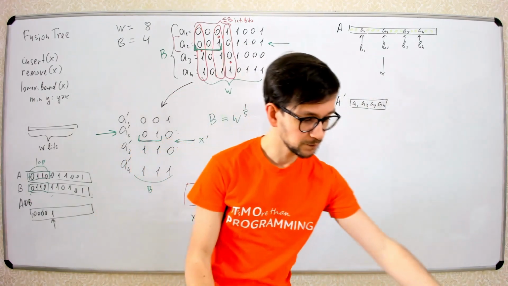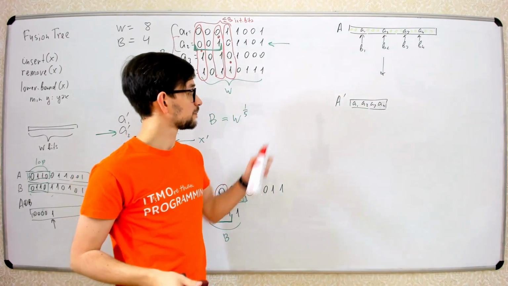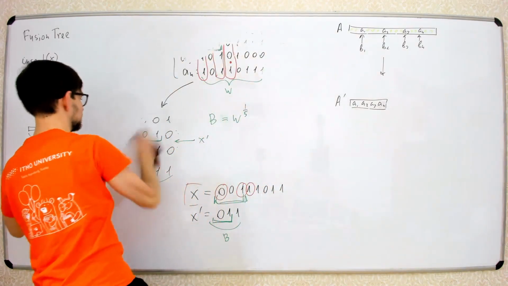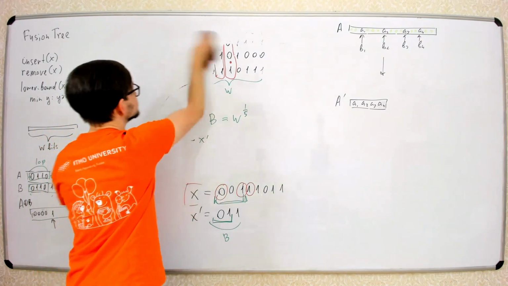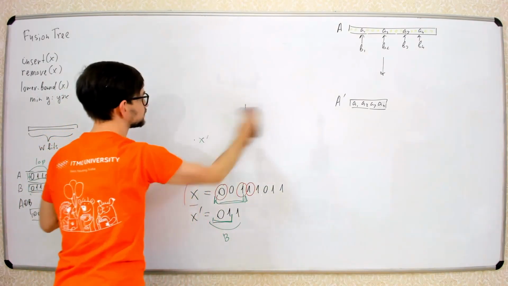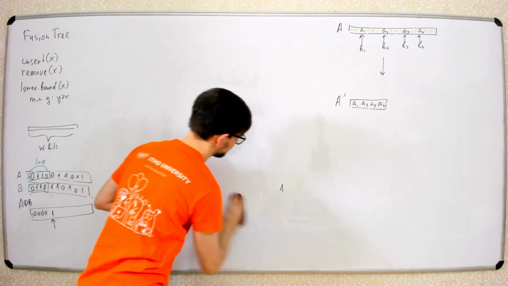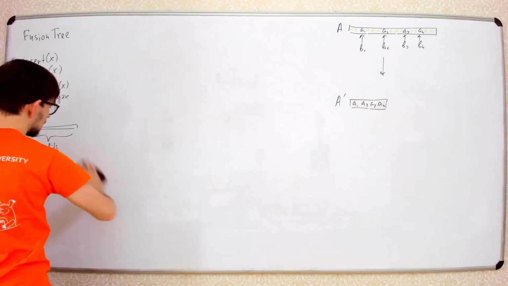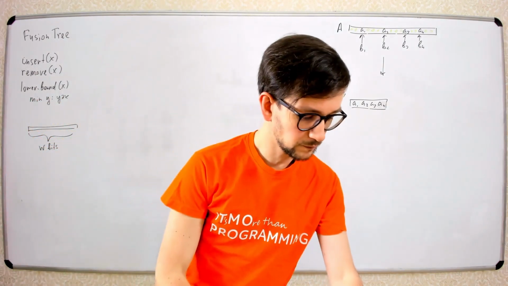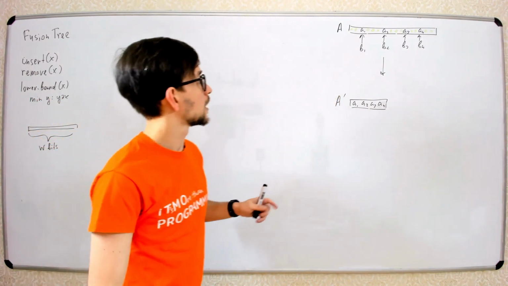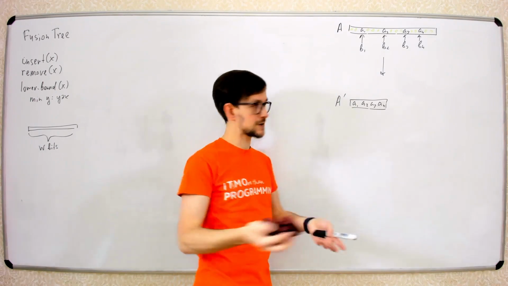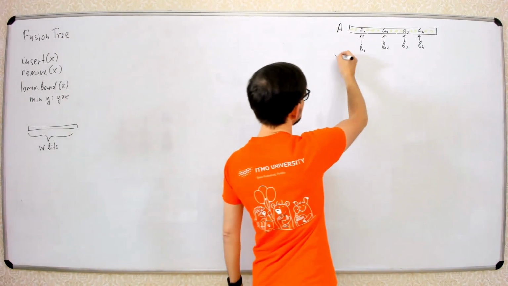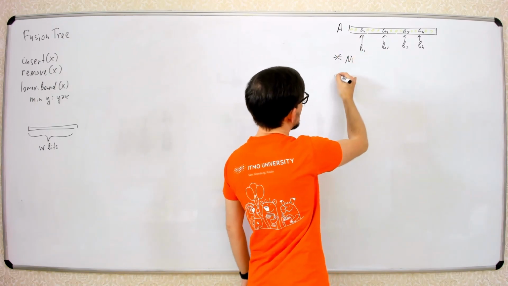So what will we do? We'll multiply A by some mask m.